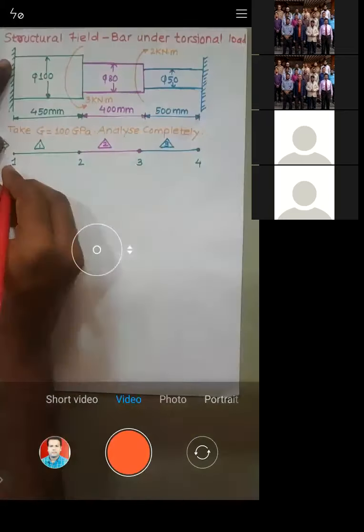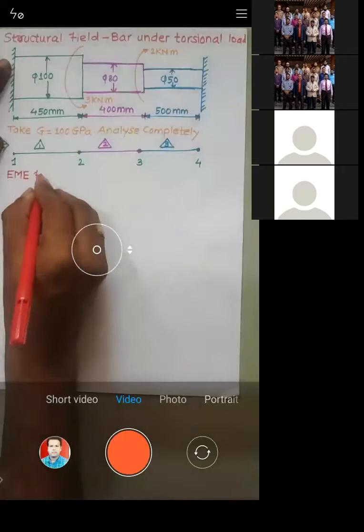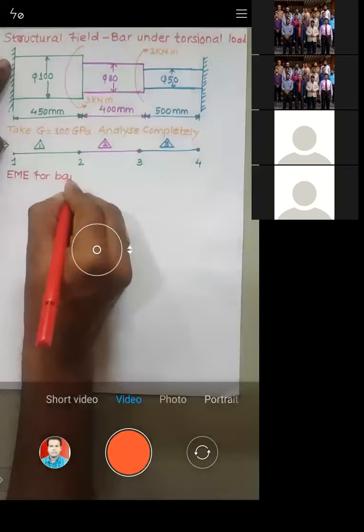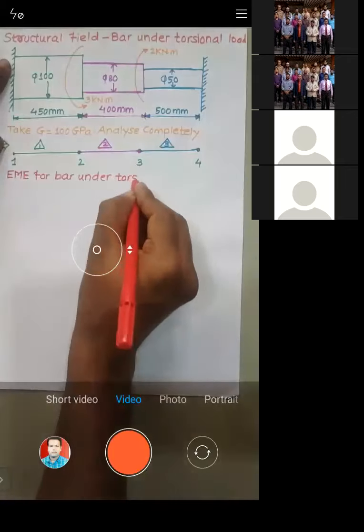So I will write down EME, element matrix equation for bar under torsional load.